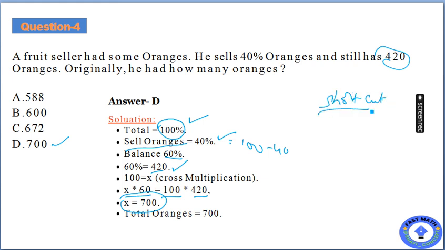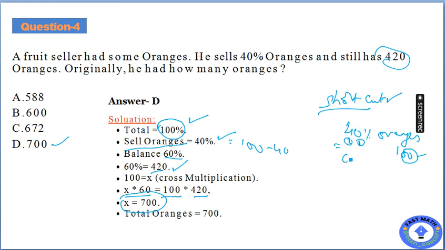Please write down so that you have a better idea and understanding. In that he has sold 40% oranges. If you are taking the percentage, you are always calculating for 100. That means you take two places from right to left, so this is 1 and this is 2.